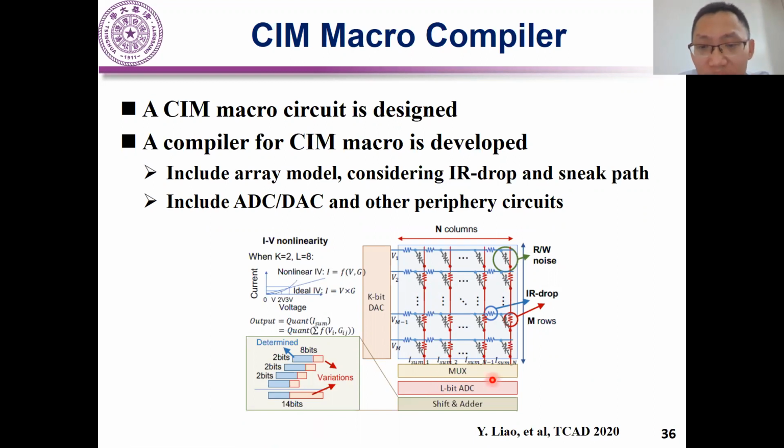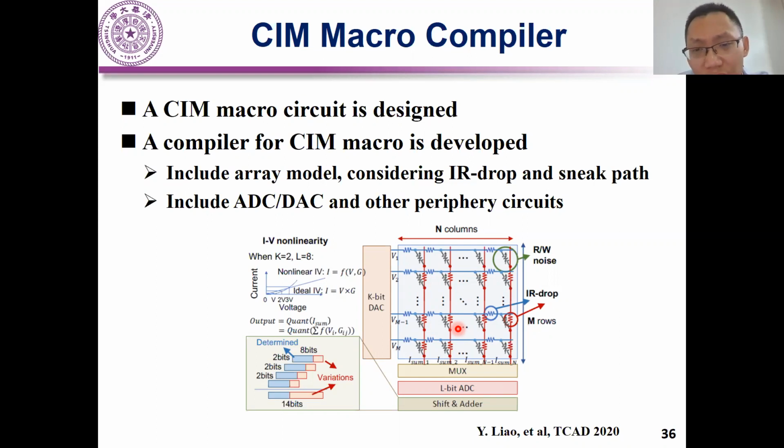For the ADC and DAC, especially the ADC, it is still necessary at the current stage. If we do pure analog computing, it is very efficient.